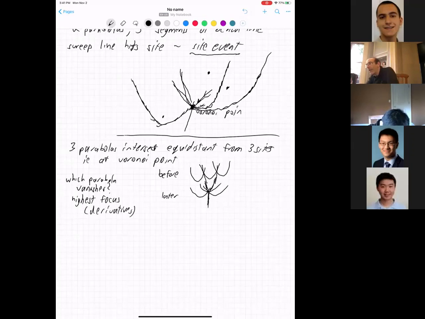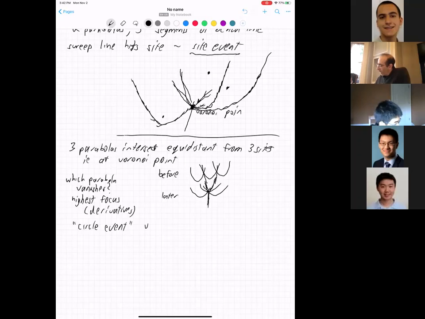Where we said that the higher the focus, the slower the parabola descends at a particular x coordinate. So the highest focus disappears and the two lower foci take over with a descent of their perpendicular bisector.